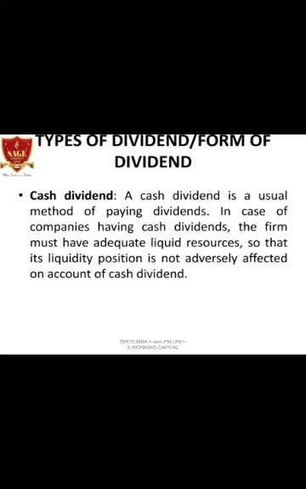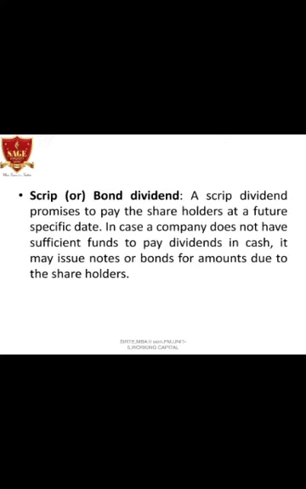Now, the second kind of dividend is scrip or bond dividend. A scrip dividend means a promise to pay the shareholders at a future specific date. Whenever the company has to pay the dividend, it needs to see the liquidity position.